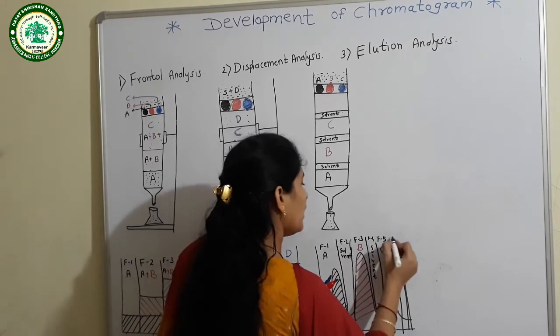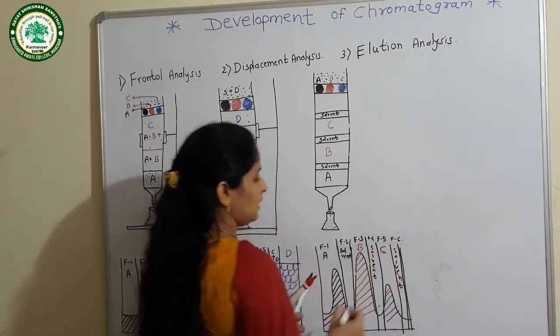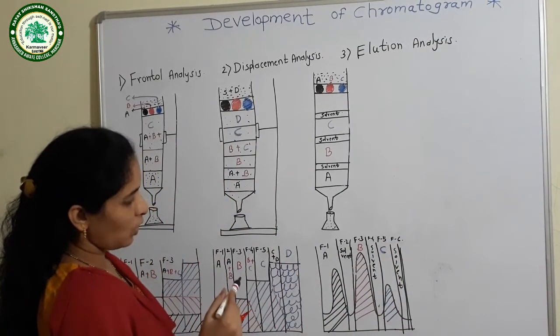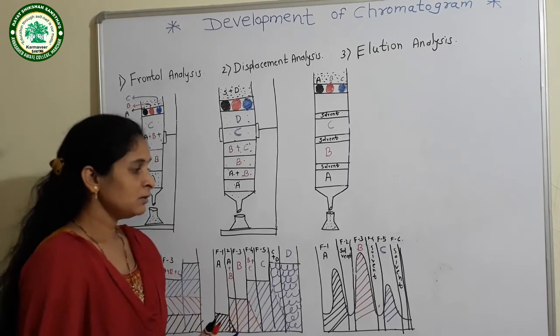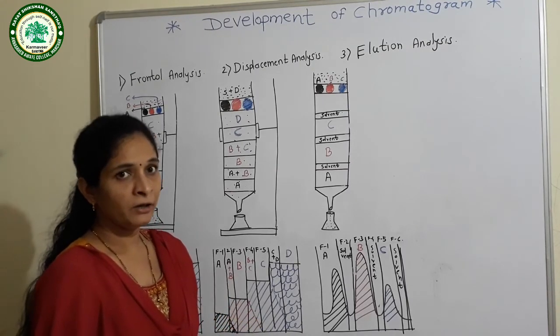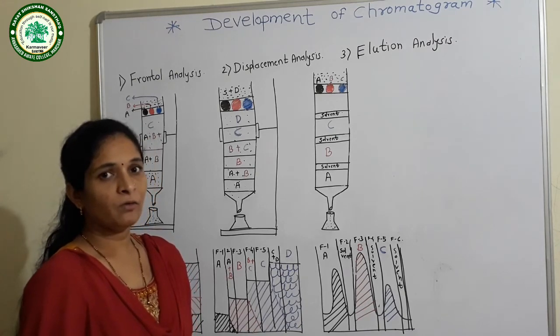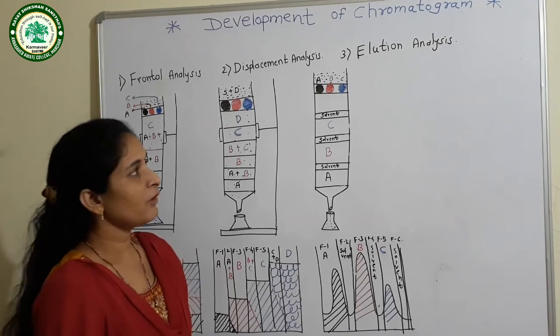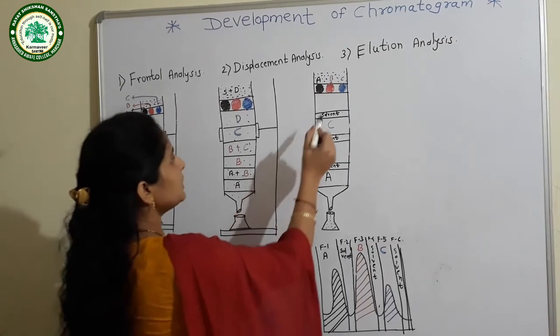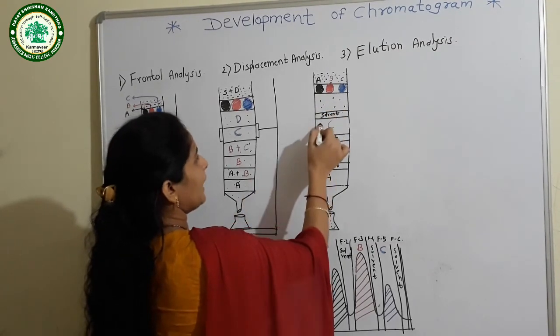It is F6. Like this we get solvent after separation of each fraction. This solvent can be removed by evaporation and we will get purified components from this elution analysis.